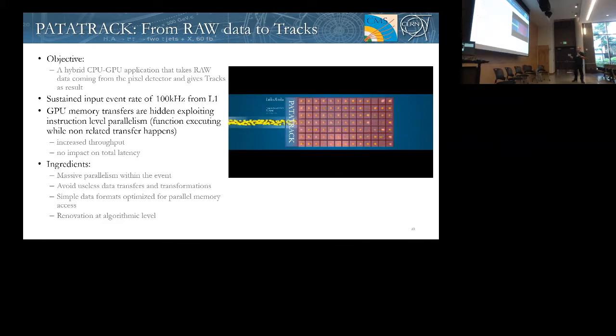We have to develop software, which is algorithms which are parallelizable. Avoid useless data transfers and transformations, so we don't want, at each step from raw data to digitized data to clustering, to send back data to the CPU, and renovation at algorithmic level.